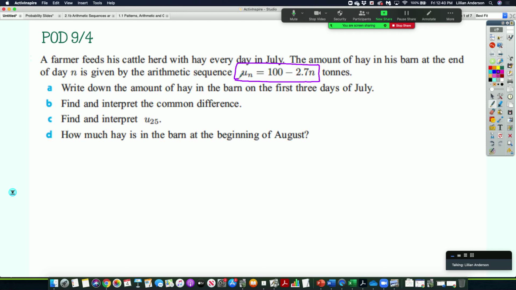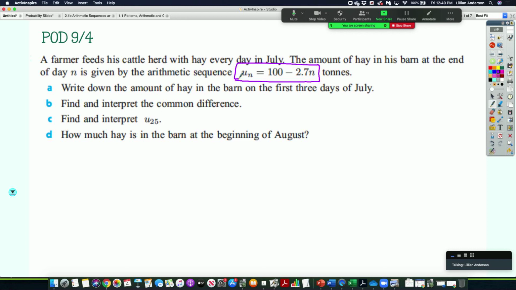So you use that to find different terms in the sequence. You can also use it to find the common difference. You can also use it to find the 25th term. And you can also use it to find how much hay is in the barn at the beginning of August. So that is going to be used for every single one of these problems.